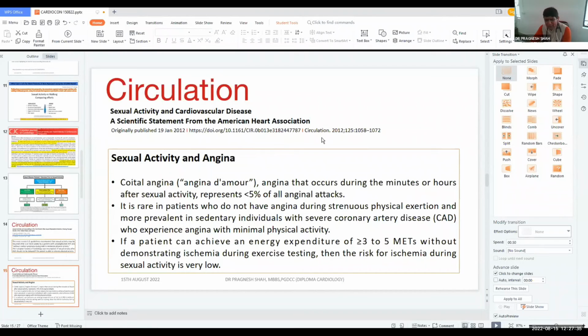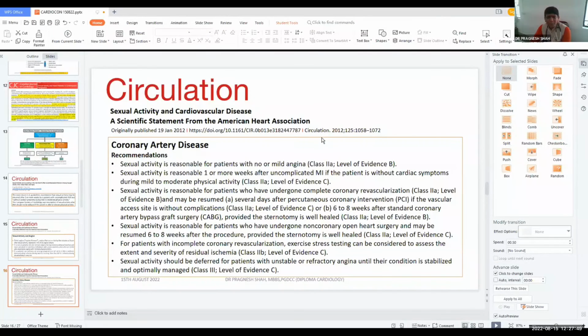So if a patient can achieve an energy expenditure of 3 to 5 minutes without demonstrating signs of ischemia during exercise testing, then the risk of ischemia during sexual activity is very low.